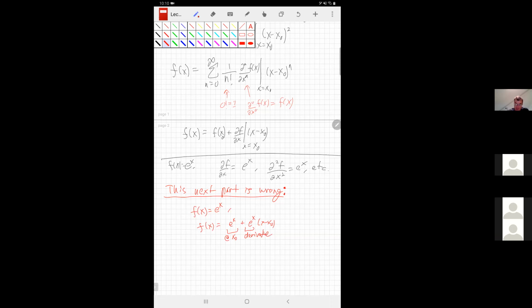And after all, e to the x is equal to e to the x at x naught, right? Whatever value x is, if x is x naught, this is the logic that some might use. And then we would have 1 over 2 times e to the x times x minus x naught squared. We have 1 over 3 factorial e to the x, x minus x naught cubed, and so forth.